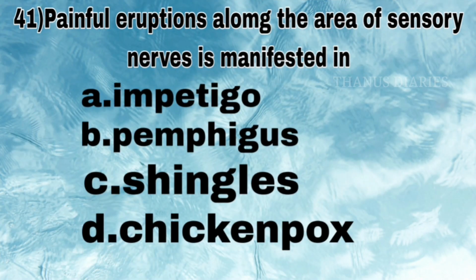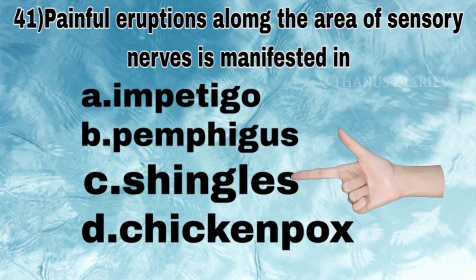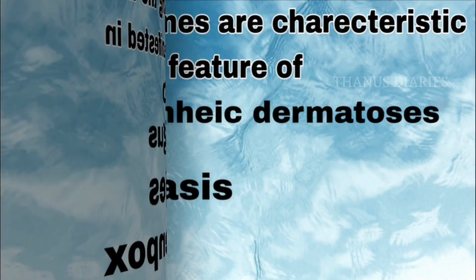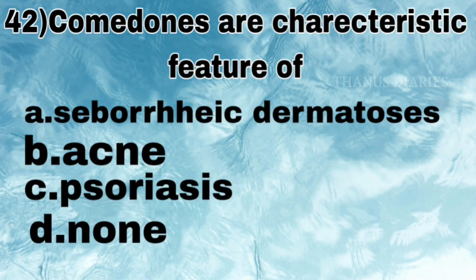Painful eruptions along the area of sensory nerves is manifested in impetigo, pemphigus, shingles, chickenpox. The answer is shingles. Next question. Components or characteristic feature of seborrheic dermatosis, acne, psoriasis, none.